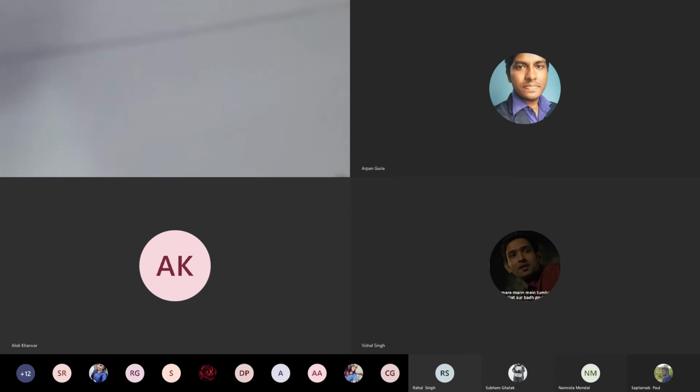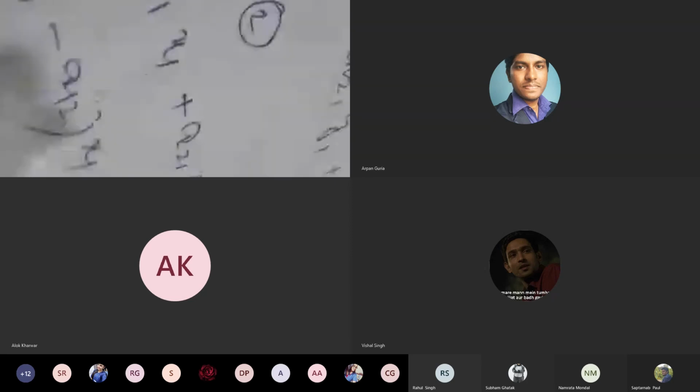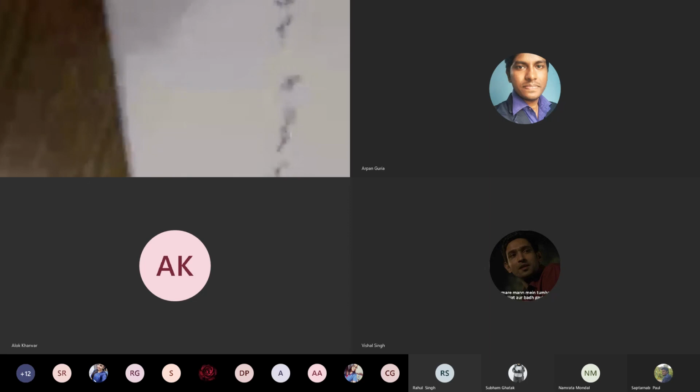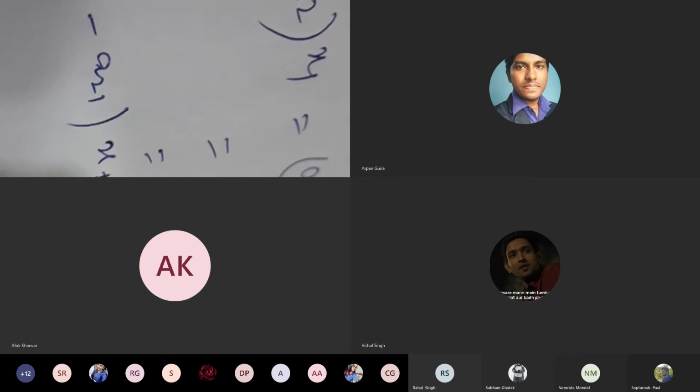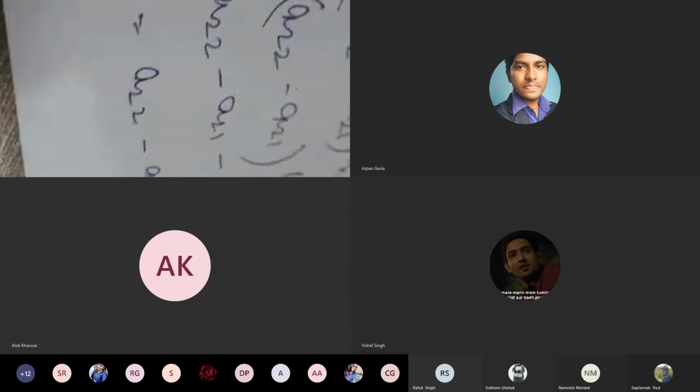Then A11 minus A12, this side if it comes, plus A22 minus A21 into x1 is equal to A22 minus A21.